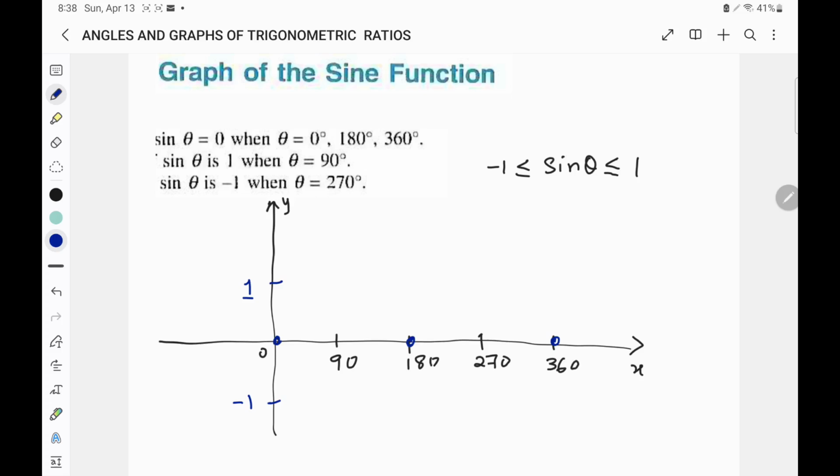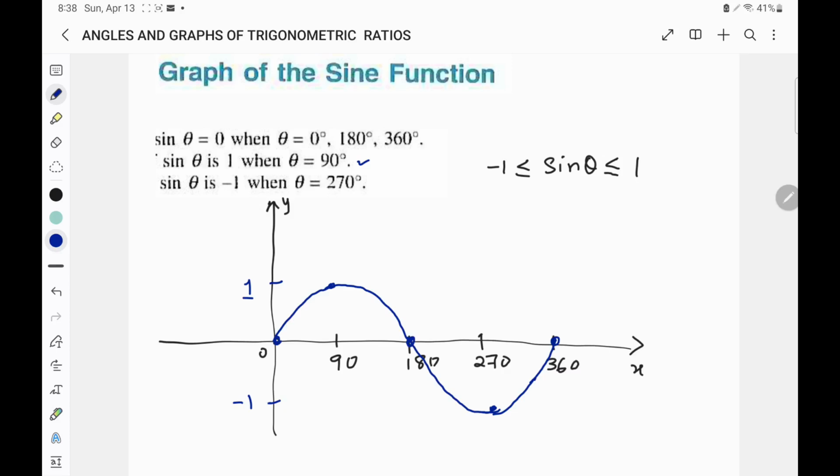When the angle is 90 degrees, it is 1, and when the angle is 270 degrees, its answer is -1. So quickly join them together, these ones. All right, so this is the simple graph of sine x.